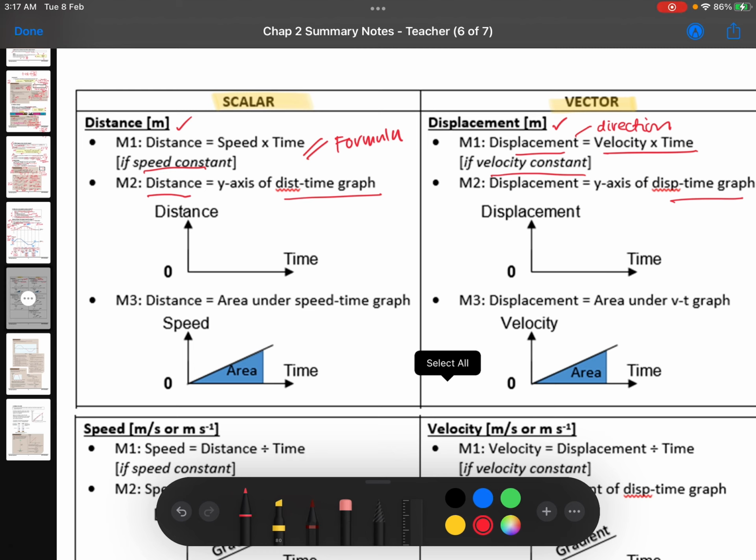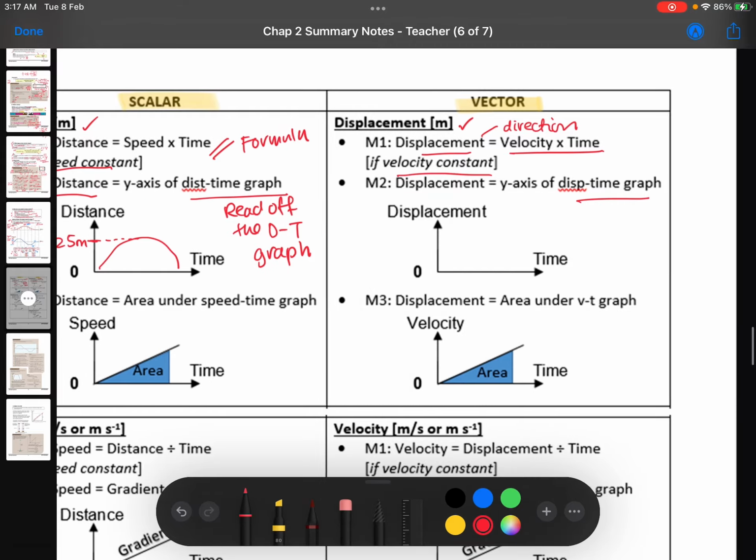So let's say your graph is something like this, and then you extrapolate, and it just so happened that this is 25 meters. So you merely read off the distance time graph. This is what I will ask you to do.